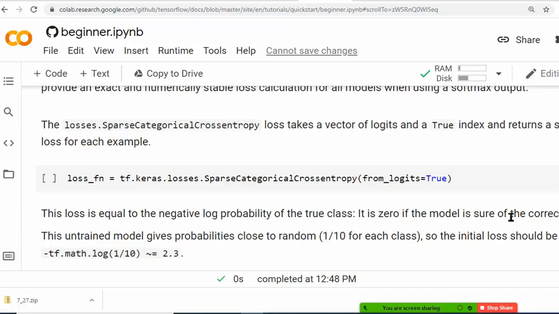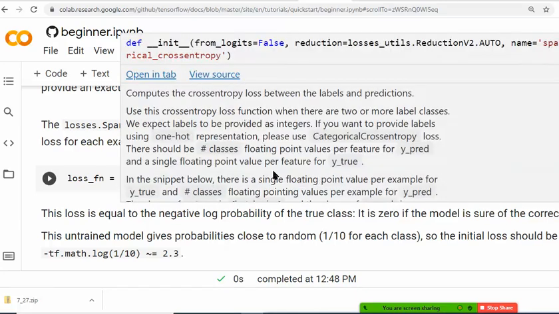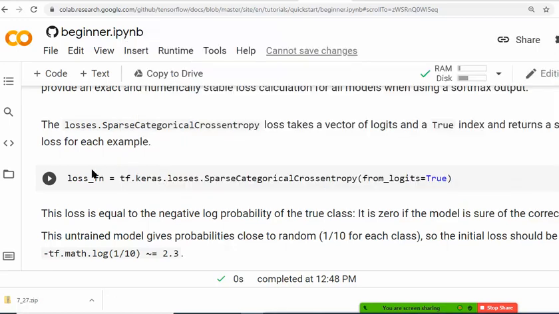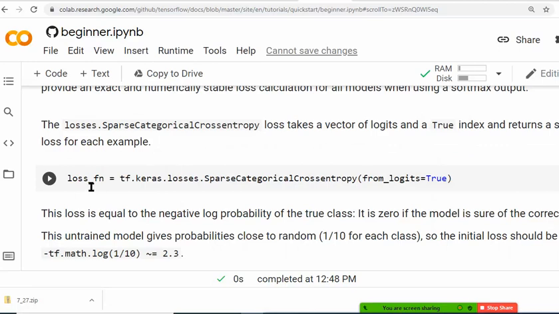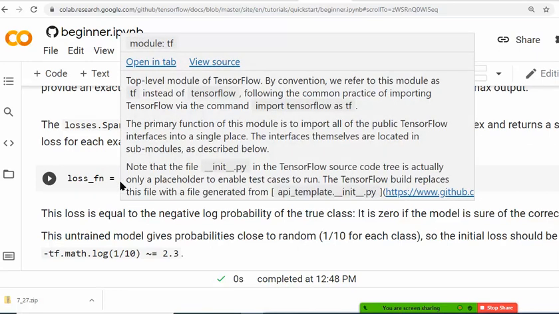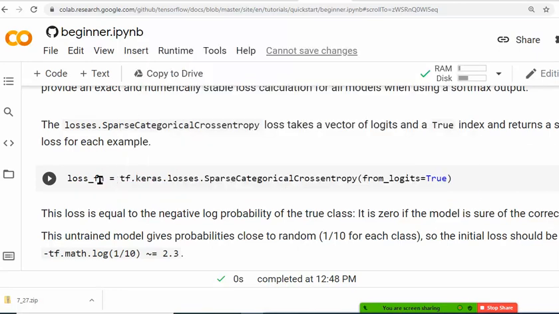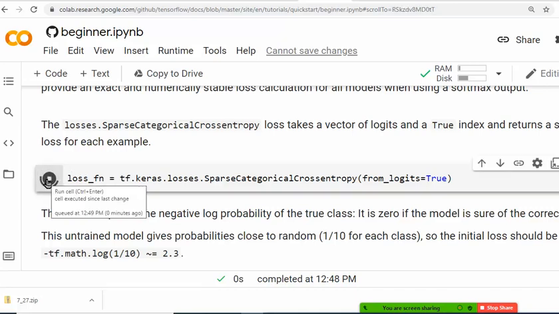So here's the loss function defined, and we use something called cross entropy. That's another technical term, but the idea here is that this is a way of measuring the difference between your prediction and the actual value of the digit. So let's go ahead and put this loss function in.